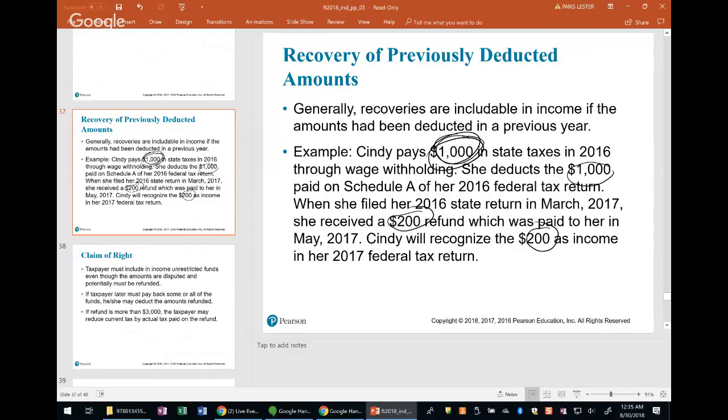You can only go by what's on your W-2 form. All right, IRS gives you 1,000 today. You do your state tax, and the state tax is only $800. So, IRS gave you a refund. Okay, so they want you to report that refund next year, just because of your state tax. But we'll work that out on the forms. It'll be easier when we do the forms.